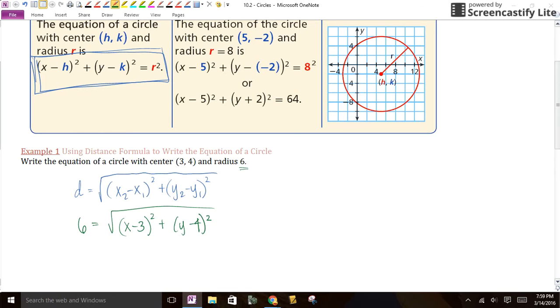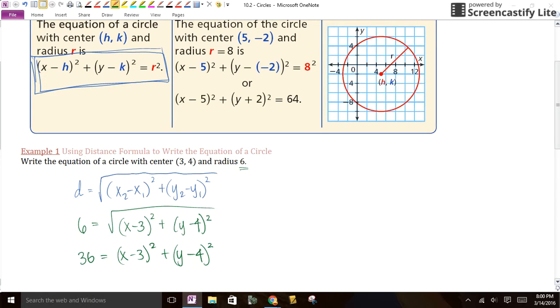Well, you have a radical there, so you'd square both sides. So you'd get 6 squared, or 36, is equal to (x minus 3) squared plus (y minus 4) squared. And you say, wait a minute, that's the equation of a circle whose center is at (3, 4) and the distance is 6. So that's how this fancy formula was created. It was created just by using the distance formula and the understanding that a circle has a fixed distance from a center.